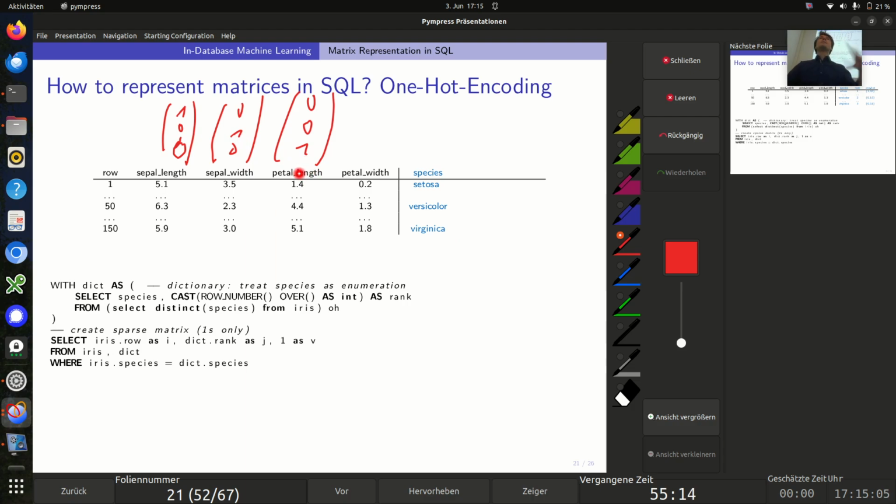Basically when I'm having a machine learning function, I get a vector with some probabilities, and at the end the one with the highest probability is actually the class.